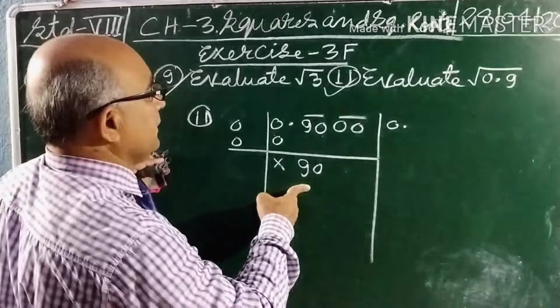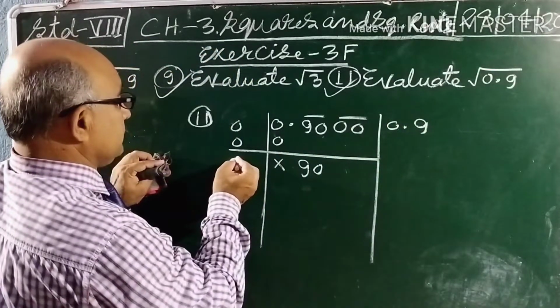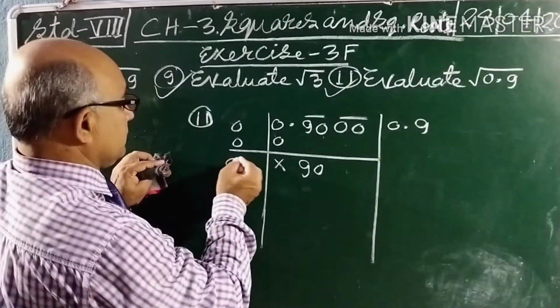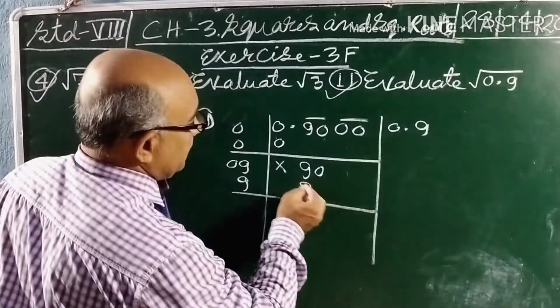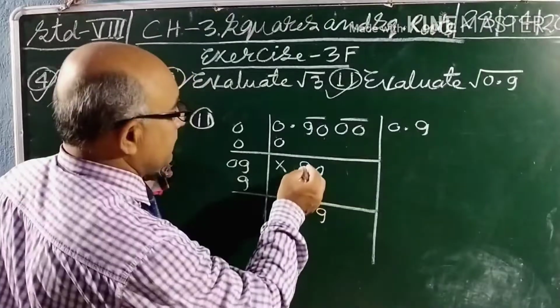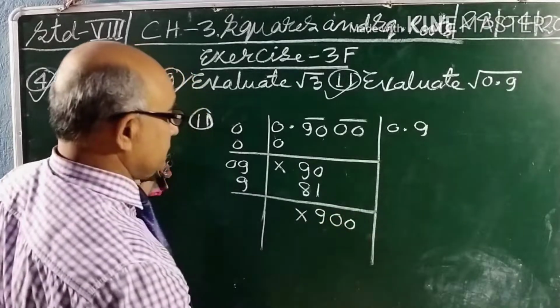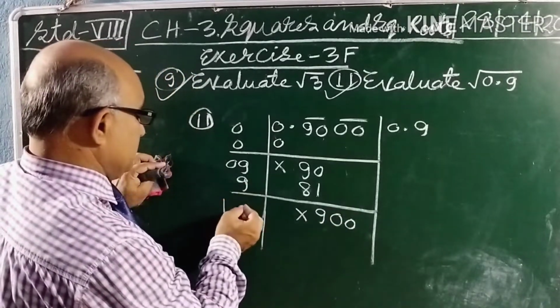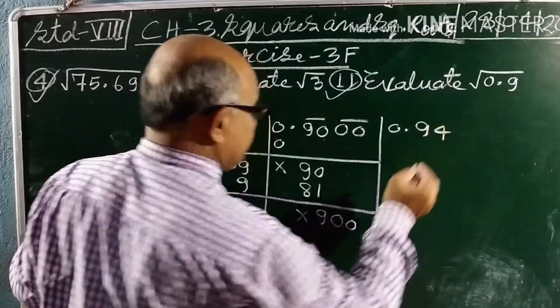90. 9 9 is 81. So 9 9 is 81. 10 minus 1, 9. Cancel it. Comes double 0. 18. So 4 times.